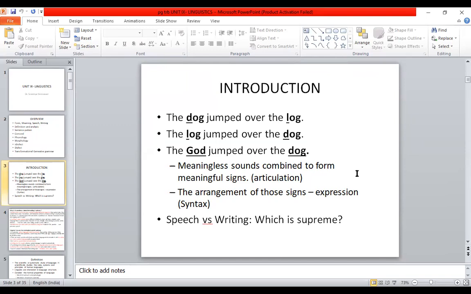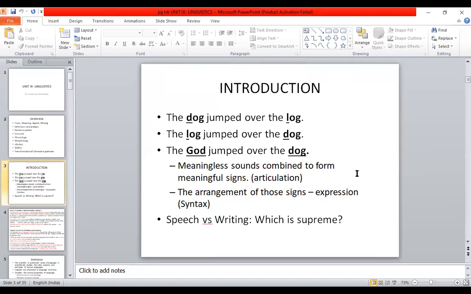So please do understand that the letters that form words do not have any meaning of their own. Say you just have a D there, a T there, an L there or an A there, it is not going to make any sense to us.